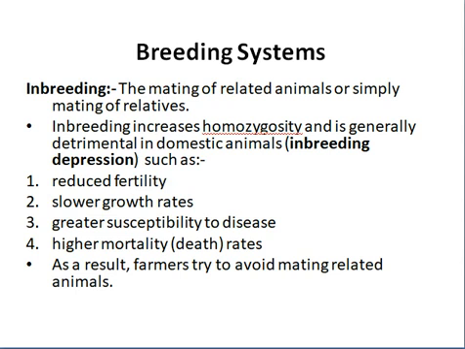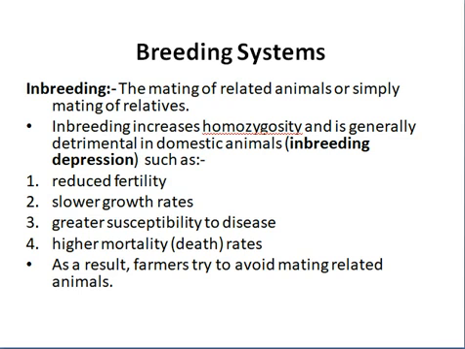What inbreeding does is increase homozygosity, because animals are related, so they receive similar genes from their male parent as well as from their female parent. So the offspring becomes homozygous, and this is usually not good in domestic animals. We call it inbreeding depression.